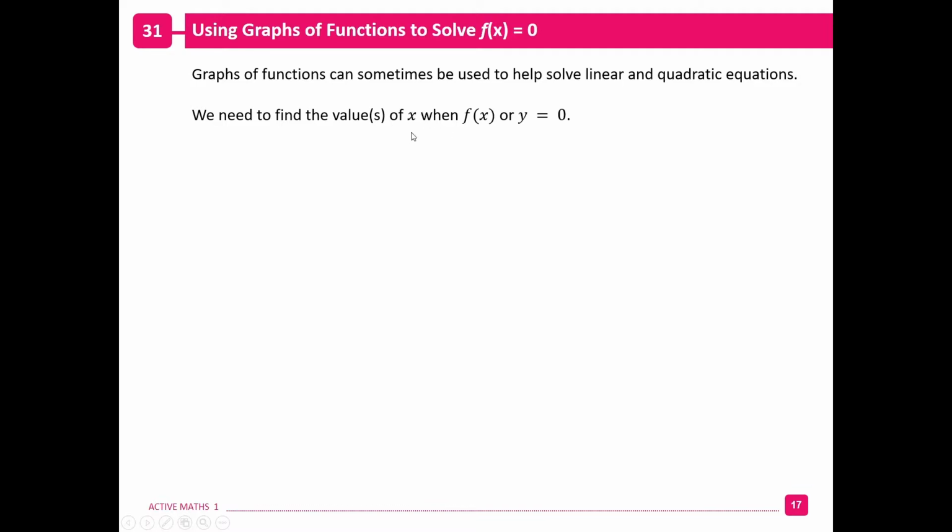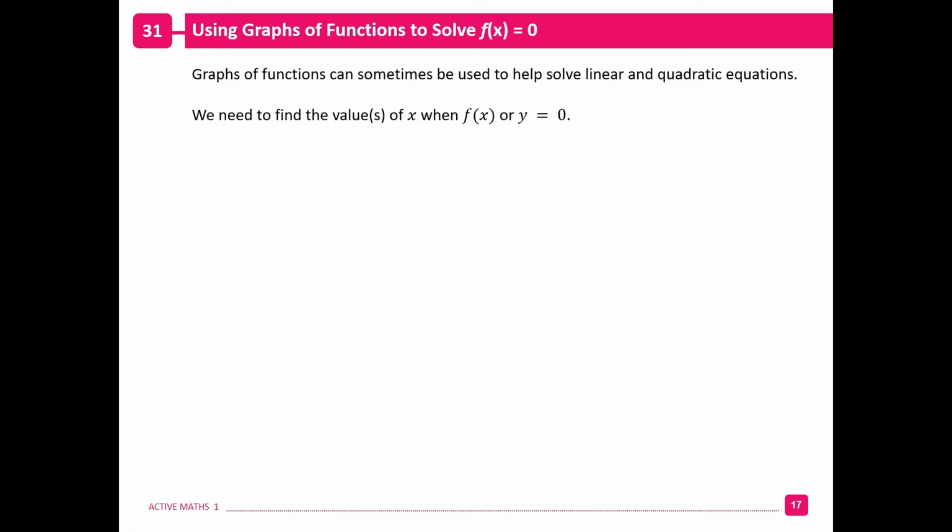Now, if we're asked to find x, to figure out what the input is, then we will always be given the output. We will be given y. And remember that we can use the symbol notation f of x, which still means y. So it could either be f of x equals 0 or y equals 0. They both mean the same thing. It means we know y is 0, so find out what x is. Work out what the input is.